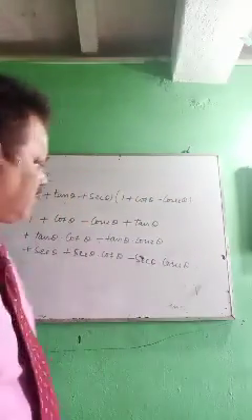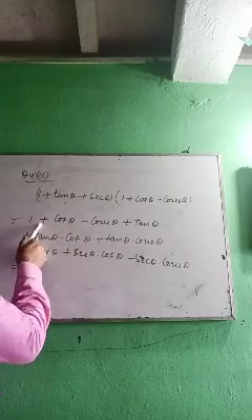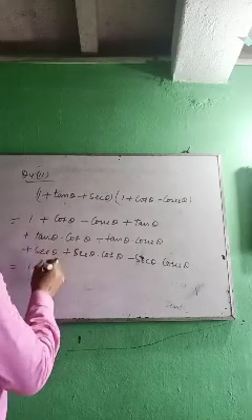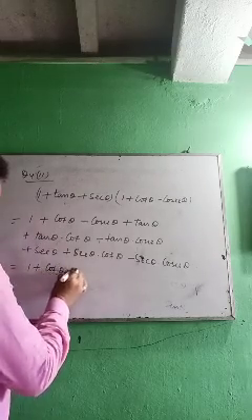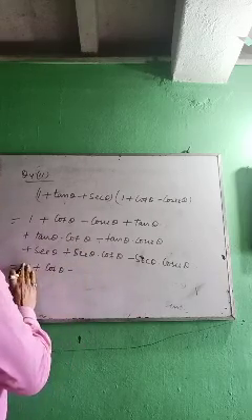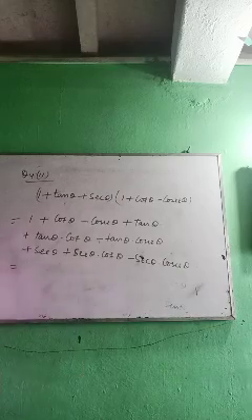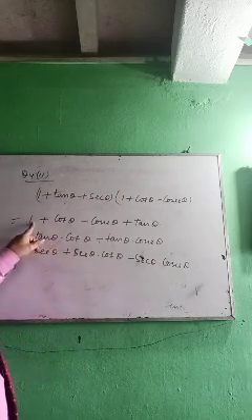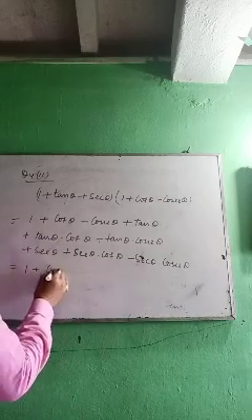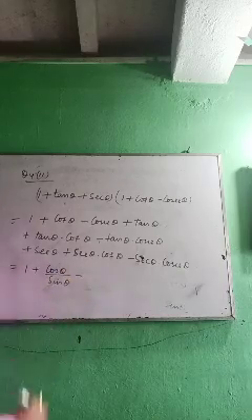Okay, so let's simplify. Let's write it in group form, then it will be easy for us. Look here, 1, cot is cos theta by sin theta.